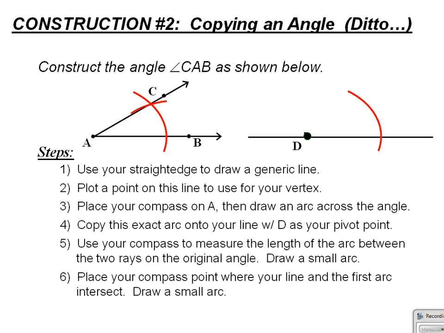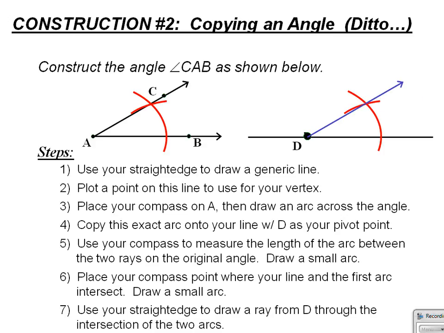Step number 6, place our compass on the point where our arc met the generic line and make the same arc sweep above so that we can find a point of intersection between the two arcs. Step 7, using your straight edge, draw a line or a ray from point D through the intersection of the two arcs.